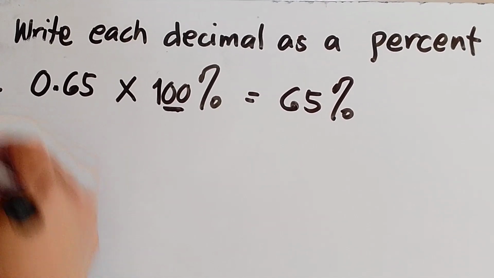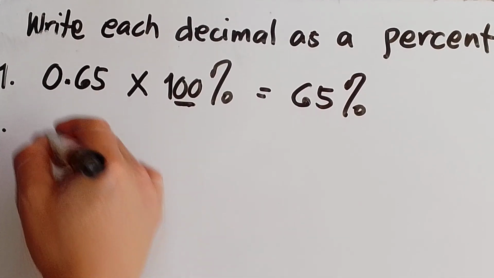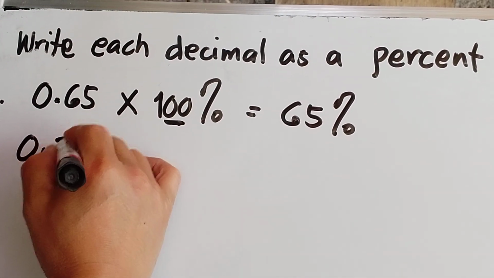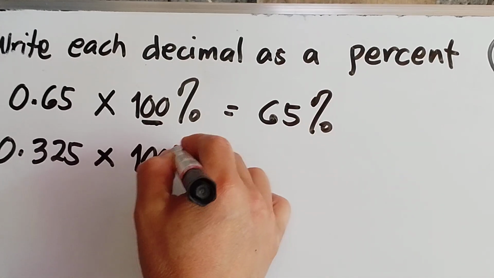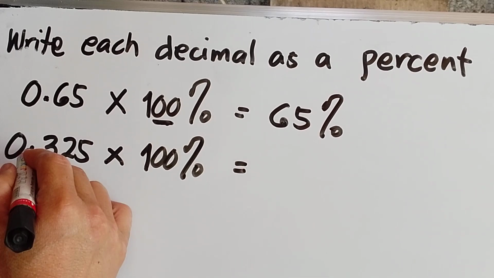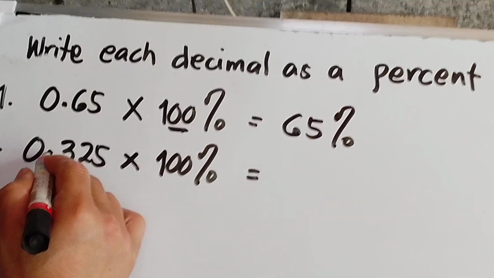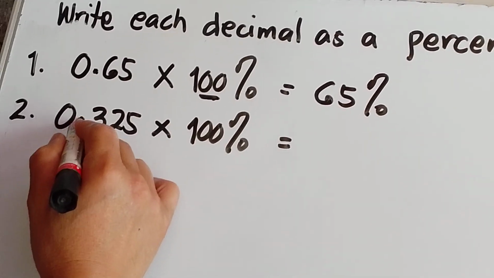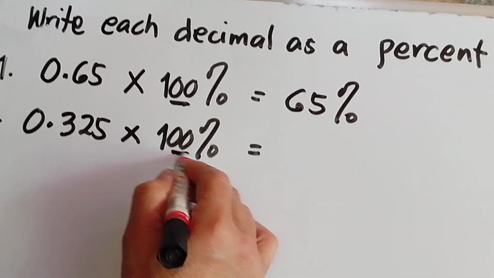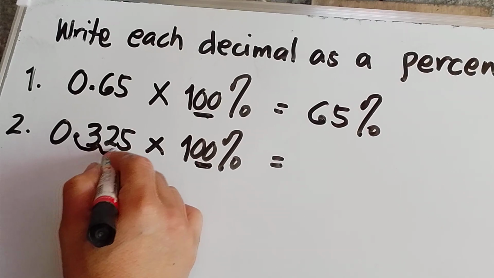Now let's proceed to number 2. Number 2 is 0.325. Again, we have to multiply this by 100%. As I said, we start from the point of origin. This will be moved two decimal places because there are two zeros. So 1, 2.